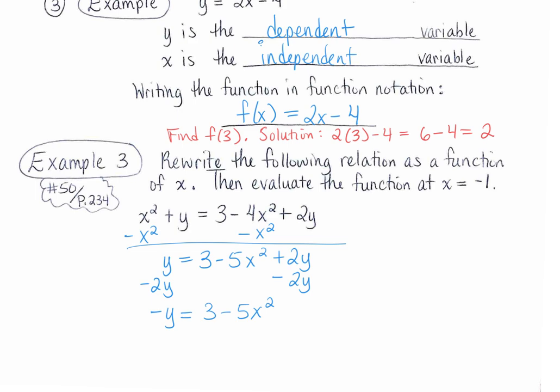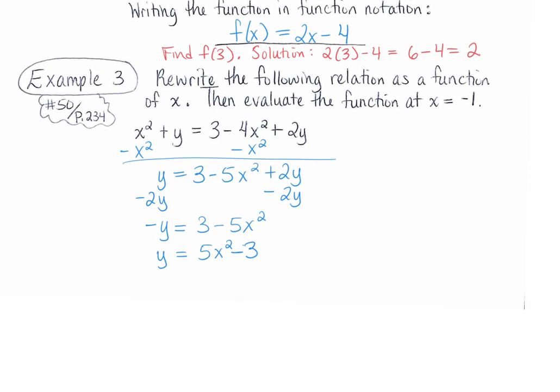Divide by negative 1. Whichever one, it's okay. Either one is okay here. So if you're dividing by negative 1 or multiplying both sides by negative 1, this becomes y equals. What happens with the signs on the right? Yeah, so we get negative 3 plus 5x squared. So I'm going to write this as 5x squared minus 3. Good. So we multiplied both sides by negative 1 or we divided both sides by negative 1.